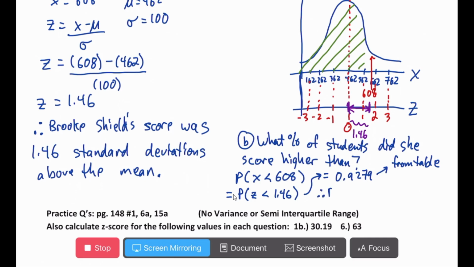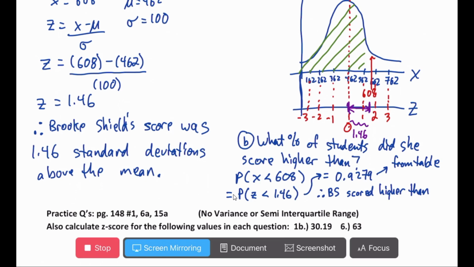Therefore, Brooke Shields scored higher than, so we're finding this is the area under the curve that was represented here. If that's a certain chunk of the population, what is the size of the chunk that she scored higher than?